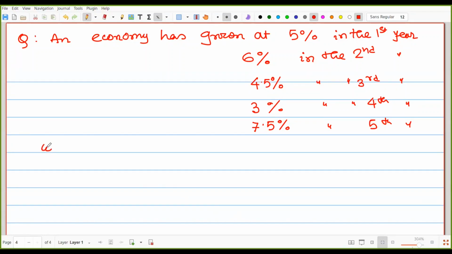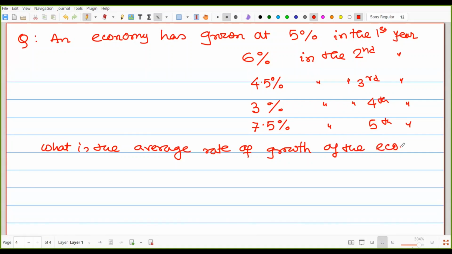The question is, what is the average rate of growth? That means each and every year you may check: the first year 5%, the second year 6%, the third year 4.5%. Sometimes it is giving some extra or sometimes it is diminished. So what is the practical average rate of growth of the economy during the 5 years?